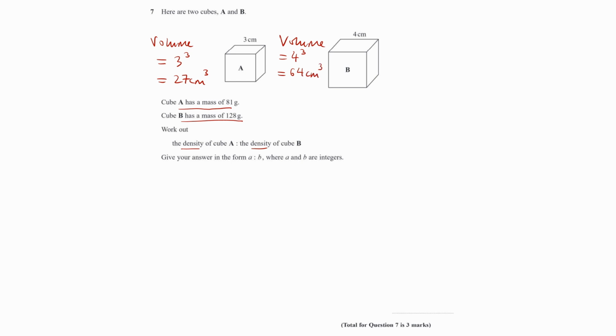Then I'm going to draw a table. So for A and B, mass, volume, density, just reminding myself, density equals mass divided by volume.